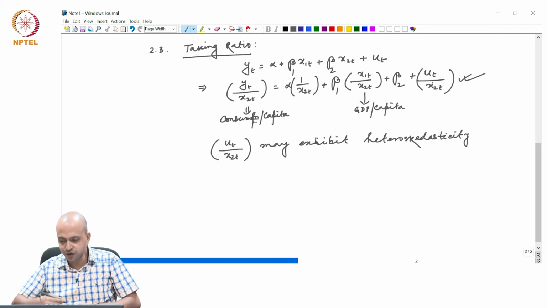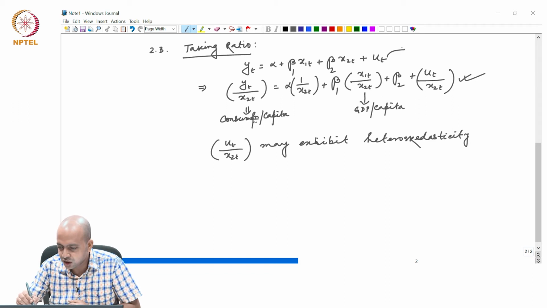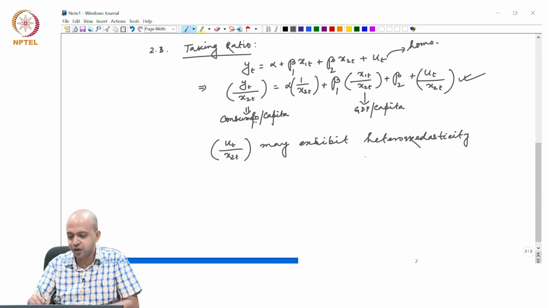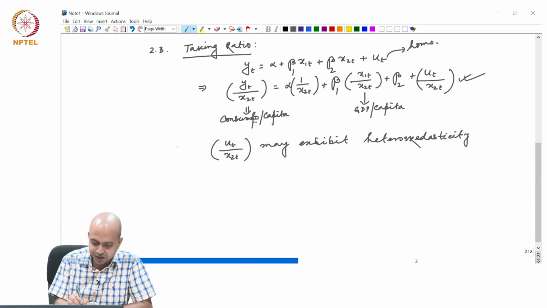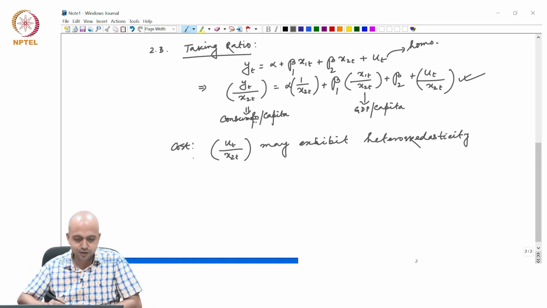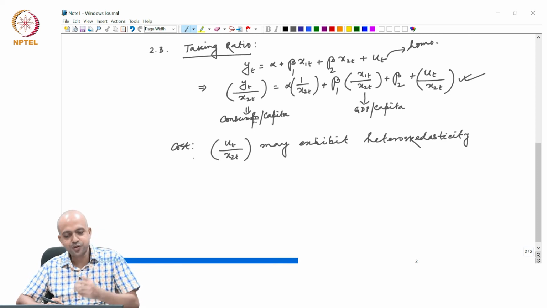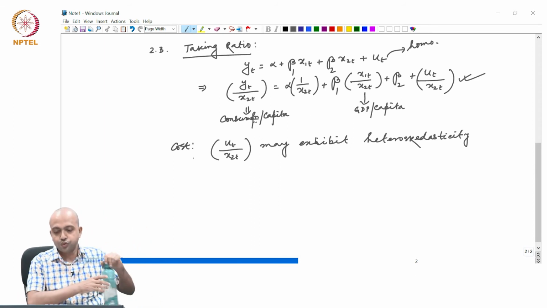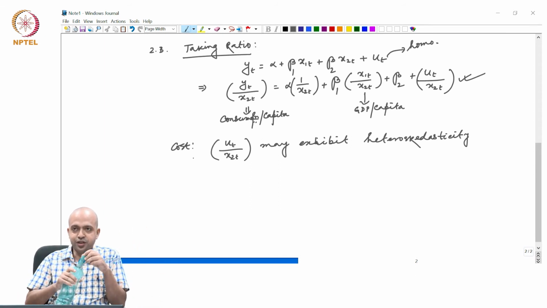So, if your original variable u t is homoscedastic, then the transformed variable may show heteroscedasticity. That is actually the cost of transforming this variable in this format. Okay, the cost of taking the ratios. So, we have to again carefully think about whether to apply this method or not.